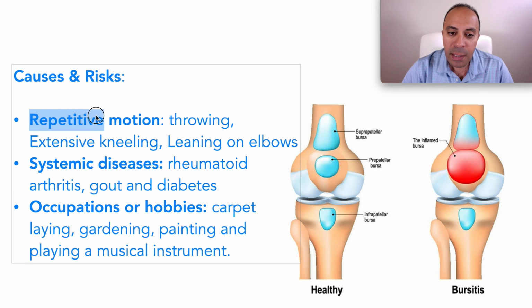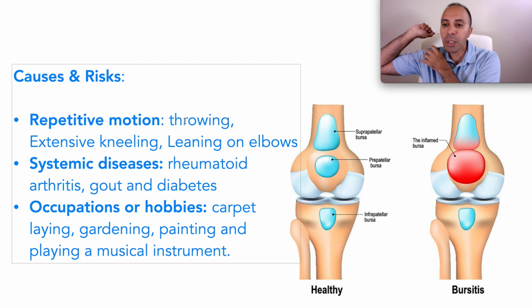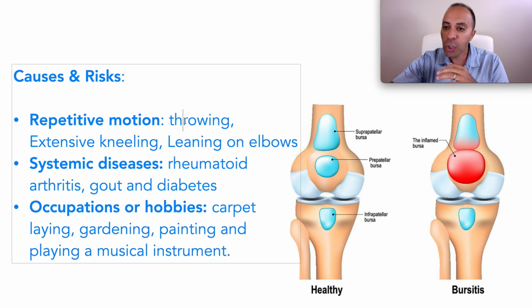So what are the causes and risk factors? One of the main risk factors and causes for bursitis is repetitive motion, like throwing. For basketball players, if they do repetitive motion without proper warm up and overtrain, they might inflame their bursa from overuse.